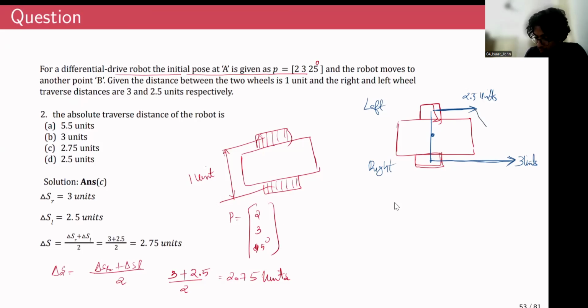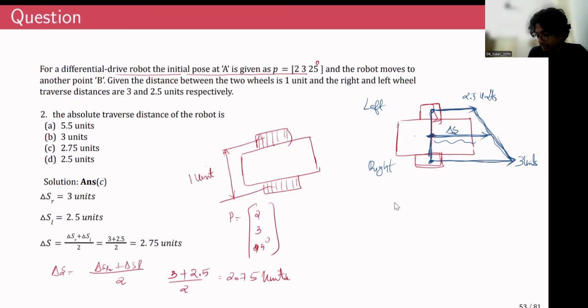So if I join these two vectors, this is something like a trapezium. This is the center of the left wheel and this is the center of the right wheel. If you consider this to be the center of the chassis, delta S would be nothing but the length of this vector at the midpoint. As you can see, this is a trapezium, so the lengths of the two parallel sides are 2.5 units and 3 units.